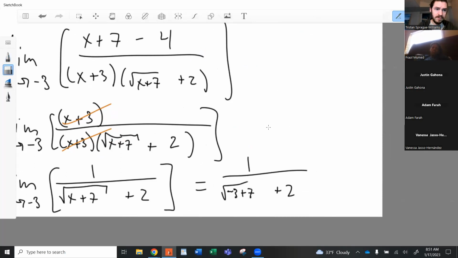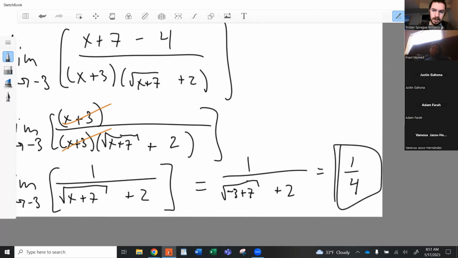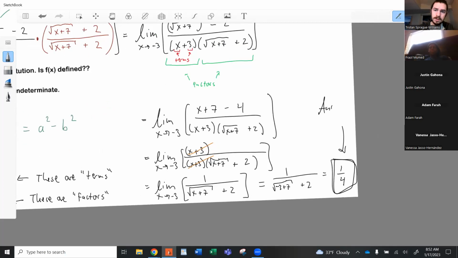Negative 3 plus 7 is 4. The square root of 4 is 2. But now instead of minus 2, it's plus 2 from the conjugate operation we did. So this is 1/4. And that's the answer. That's the value of the limit.